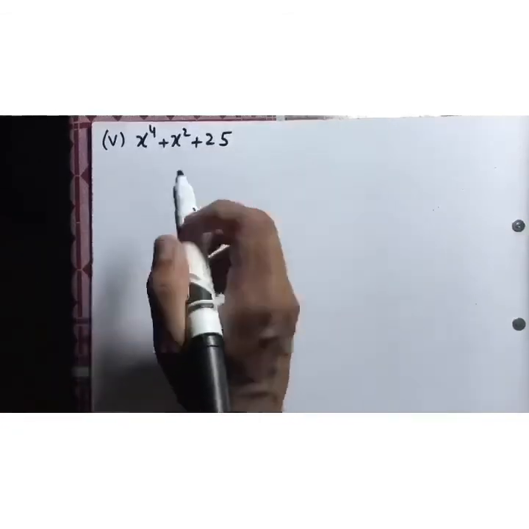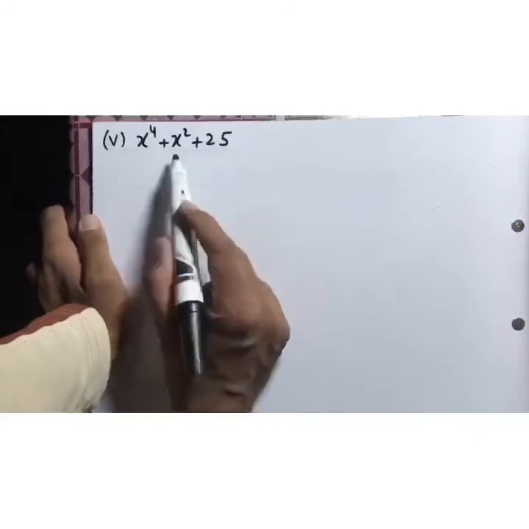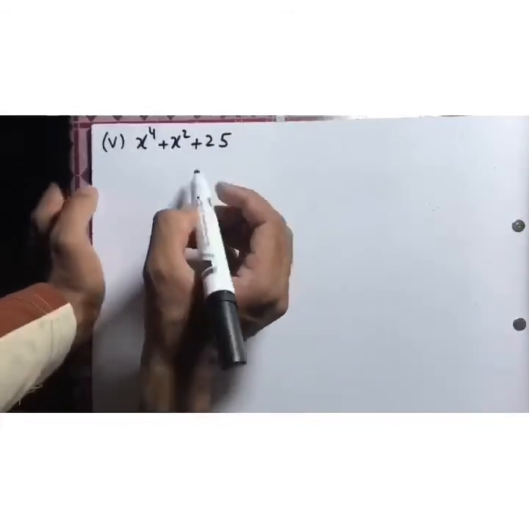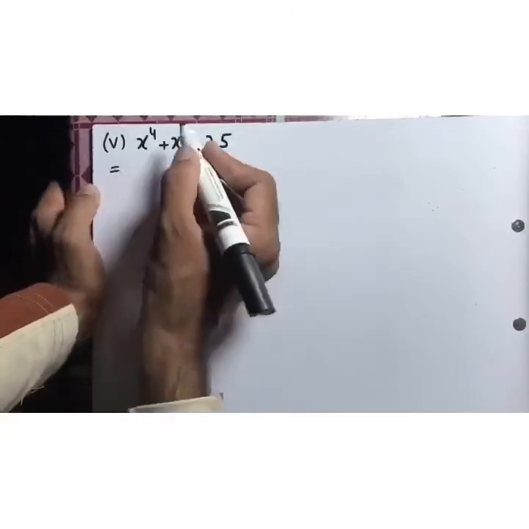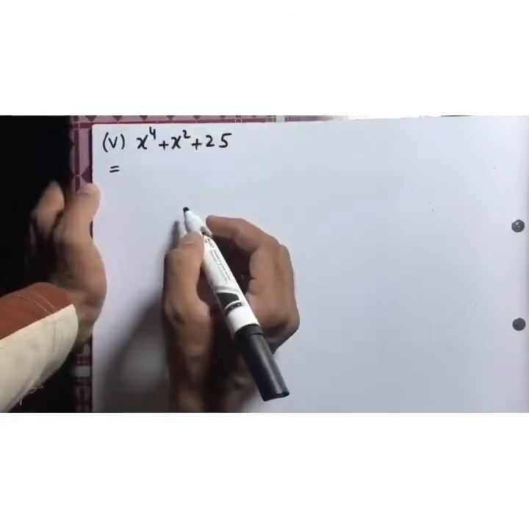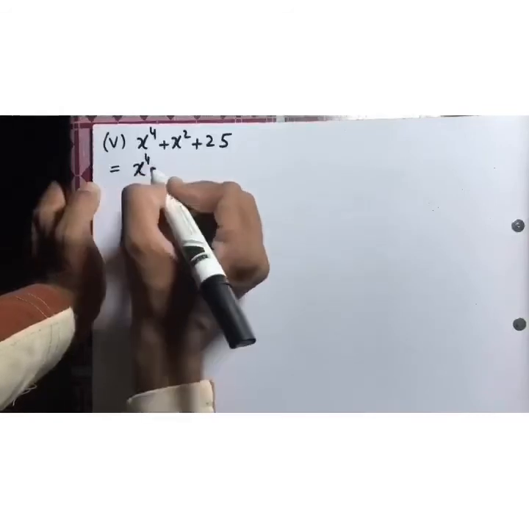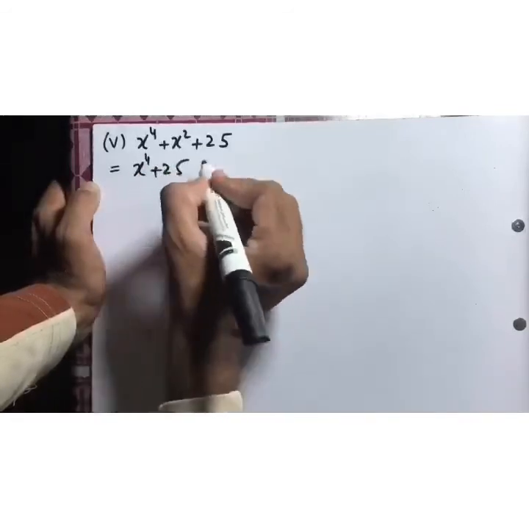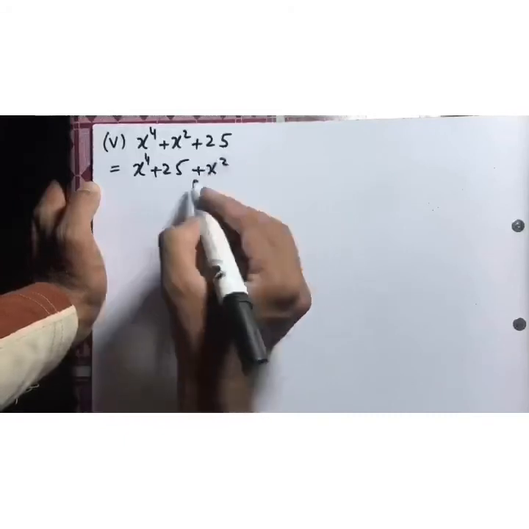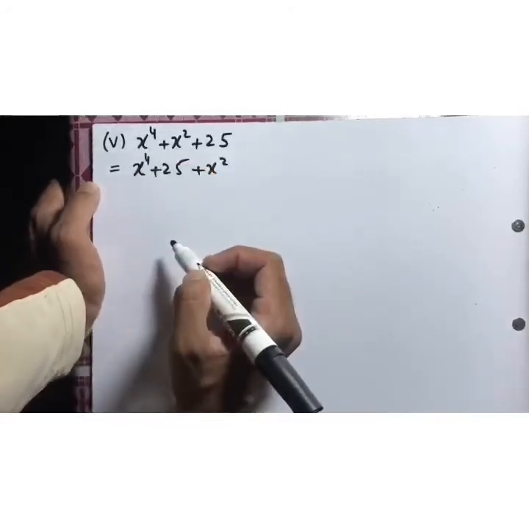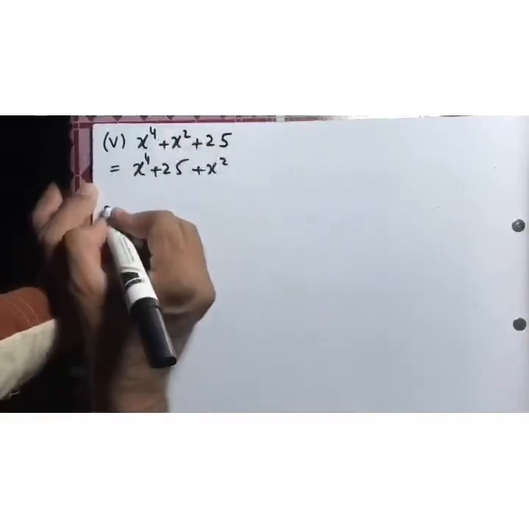So the question arises, why do we arrange this question? We arrange this question because if we do not arrange, we cannot factorize this. So we arrange this, we get x raised to power 4 plus 25 plus x square. If we do not arrange, we cannot factorize this. That's why we arrange this question.